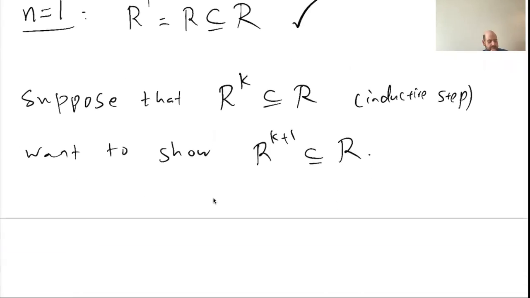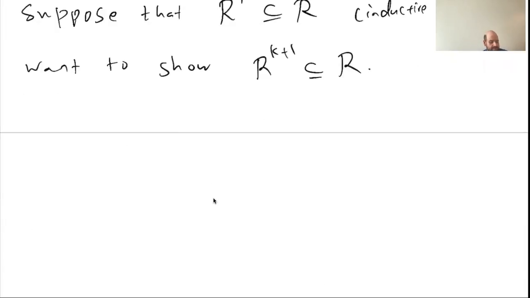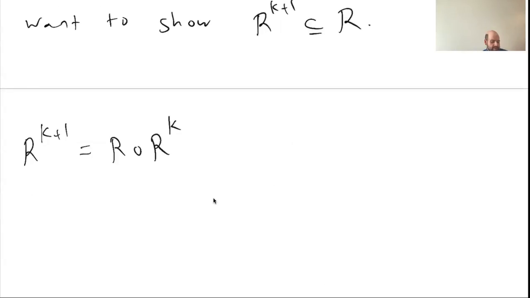How can we show this? So R to power k+1 is equal to R∘R^k, right? So I want to show that this is a subset of R. So let me take some element. So let (a, b), and this is same as R^k∘R, by the way.